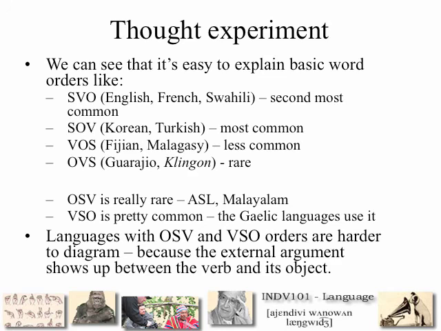So even though the external argument by definition does not come inside the verb phrase, somehow it intervenes between the verb and the internal argument. So have a think about how you might go about drawing the tree to diagram those sentences, and see if you can come up with any ideas about what must happen in these languages to come up with those word orders.